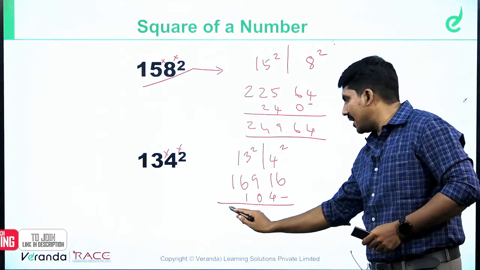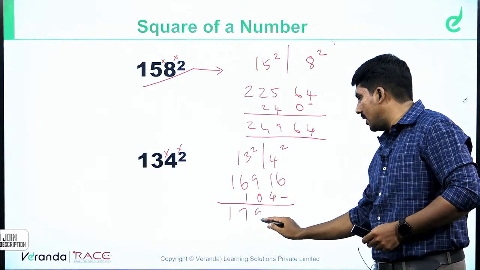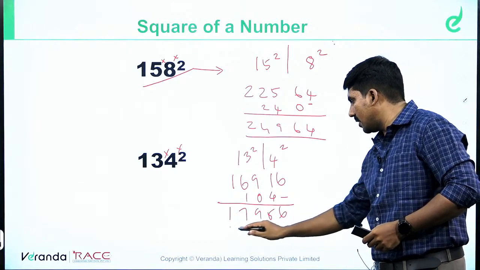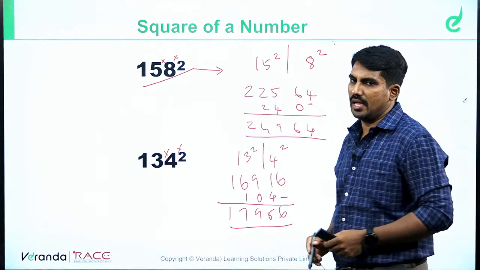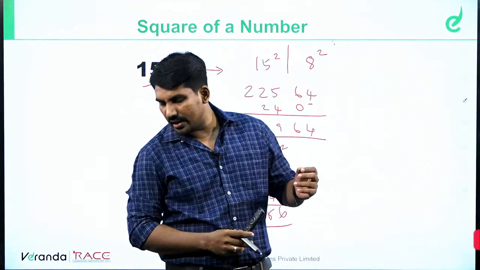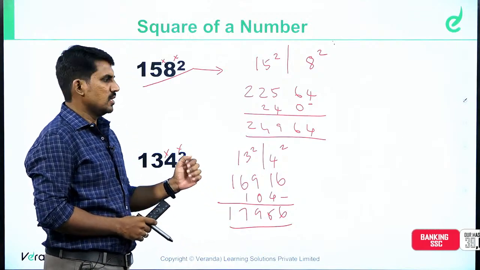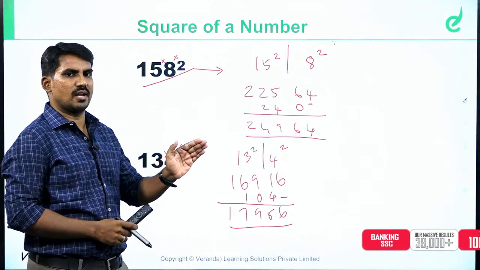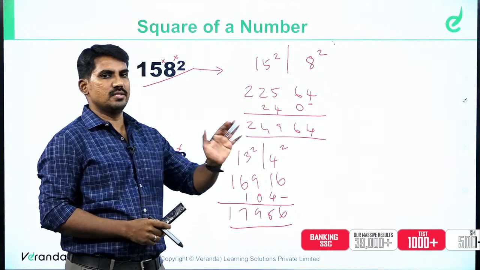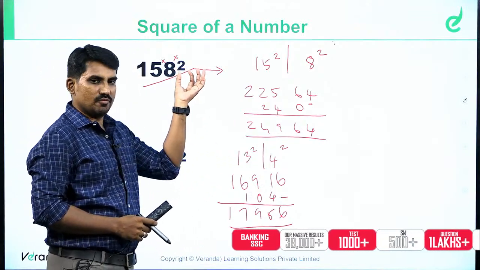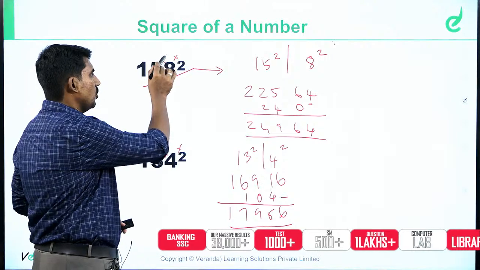Now, shall we add directly? 17,956. See, any number, the same shortcut we can apply. But the first thing we have to do is take out the unit digit.